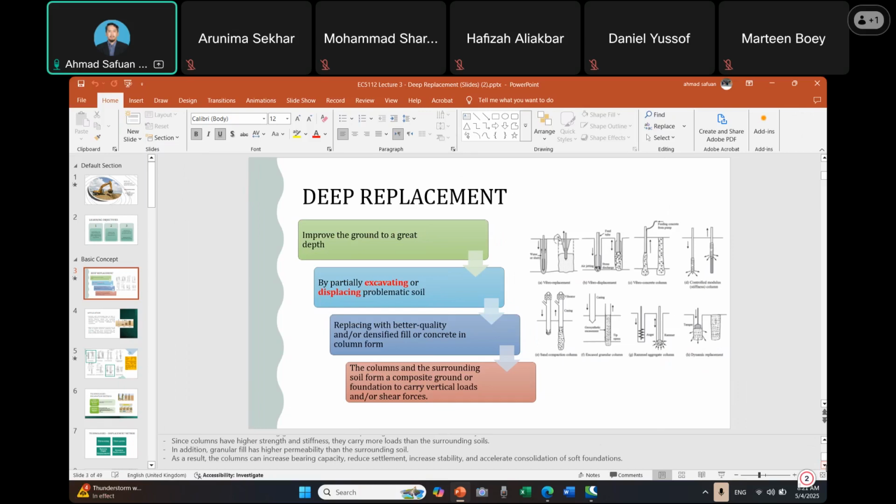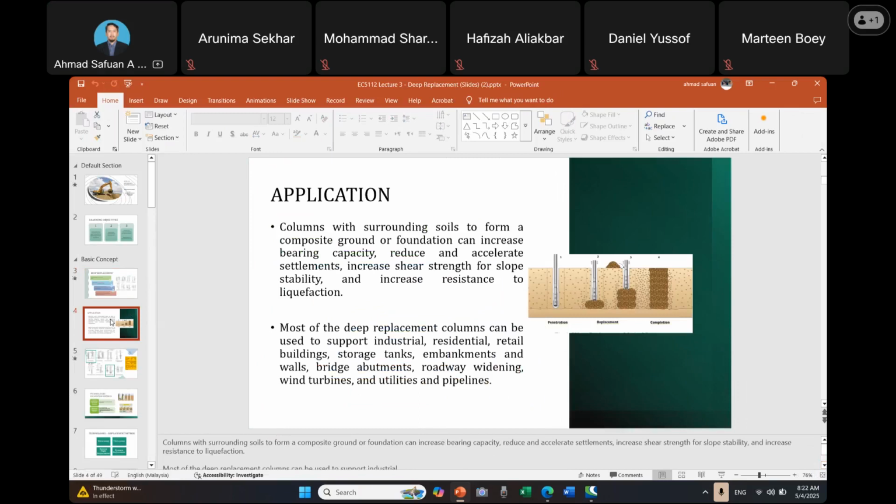At the same time, the granular column provides a drainage system that allows the water to dissipate from the weak area. So this is the installation process.